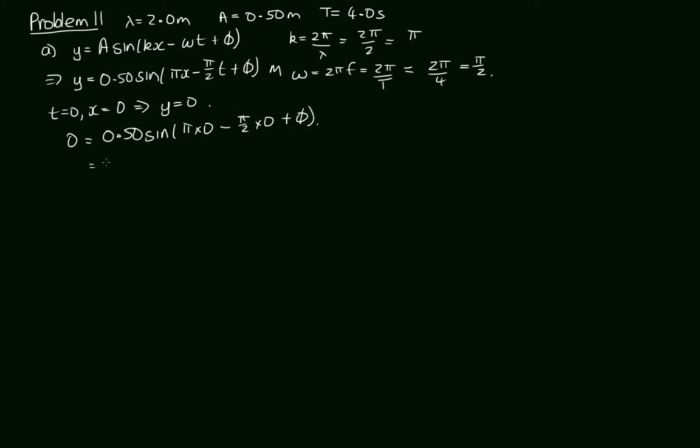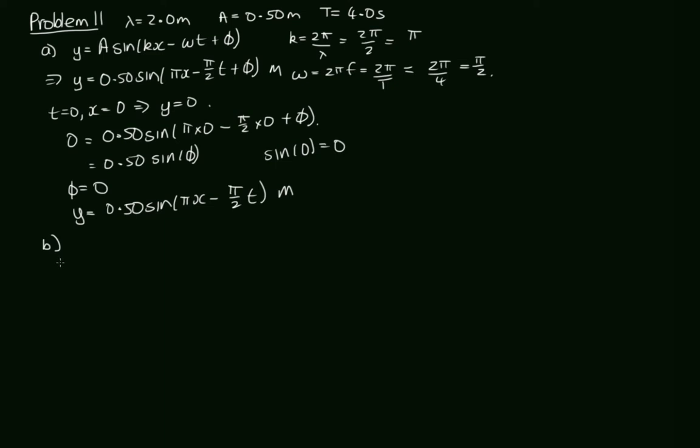And so we've got 0 is equal to 0.50 sine of phi. Now we know that sine of 0 is equal to 0, so this tells us that phi is equal to 0 in this case. So the equation for the wave is y is equal to 0.50 sine(pi x minus pi on 2 t) meters. Okay, so that's our answer to A.